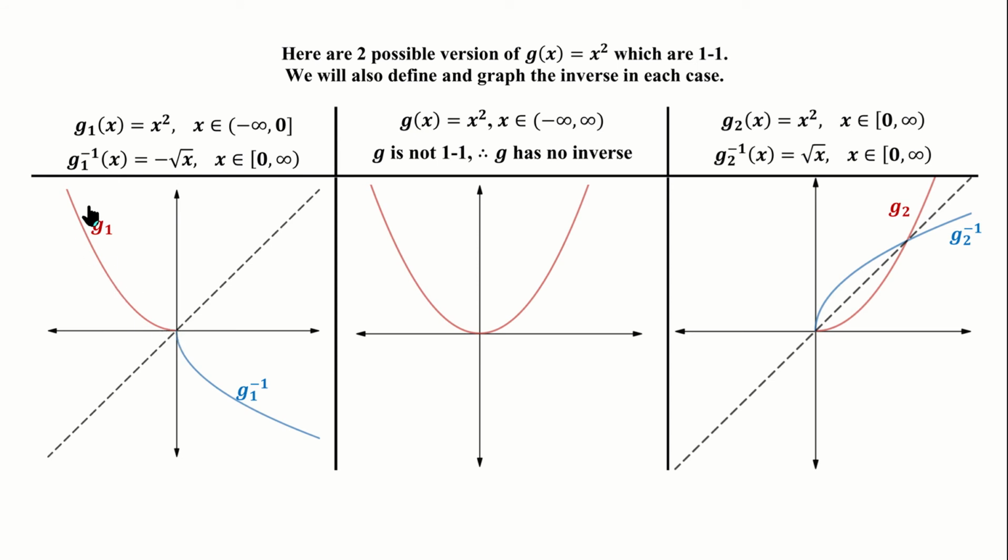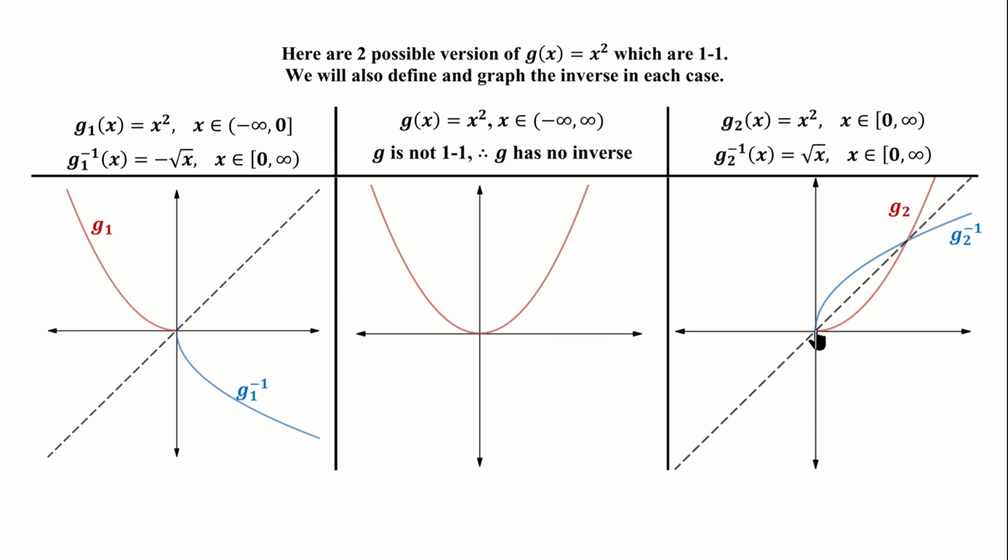Notice that this graph now does pass the horizontal line test, and we can look at the mirror image, and this will be the graph of the inverse of that function, defined by negative square root of x. Now on this side, we're taking the right half of the graph of x squared, and we're doing the same thing.